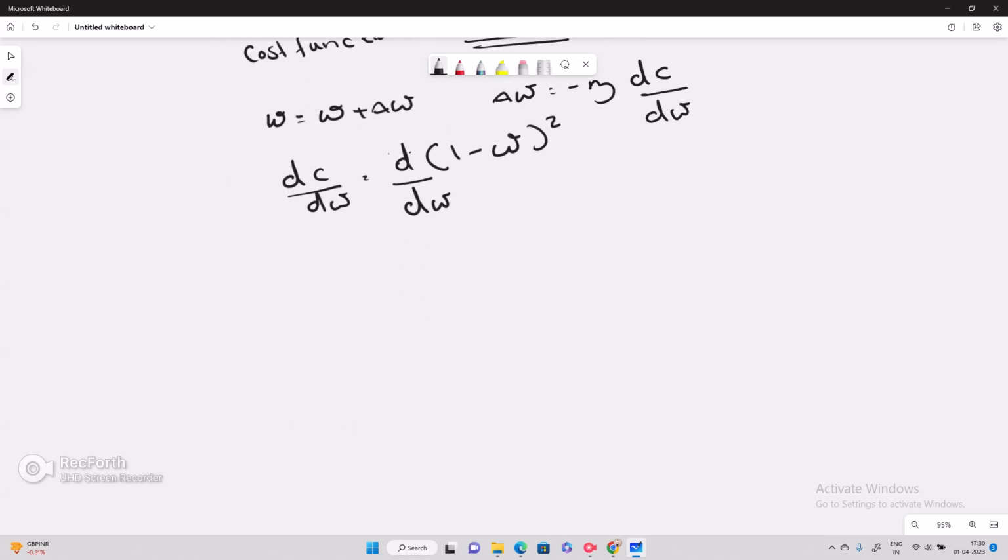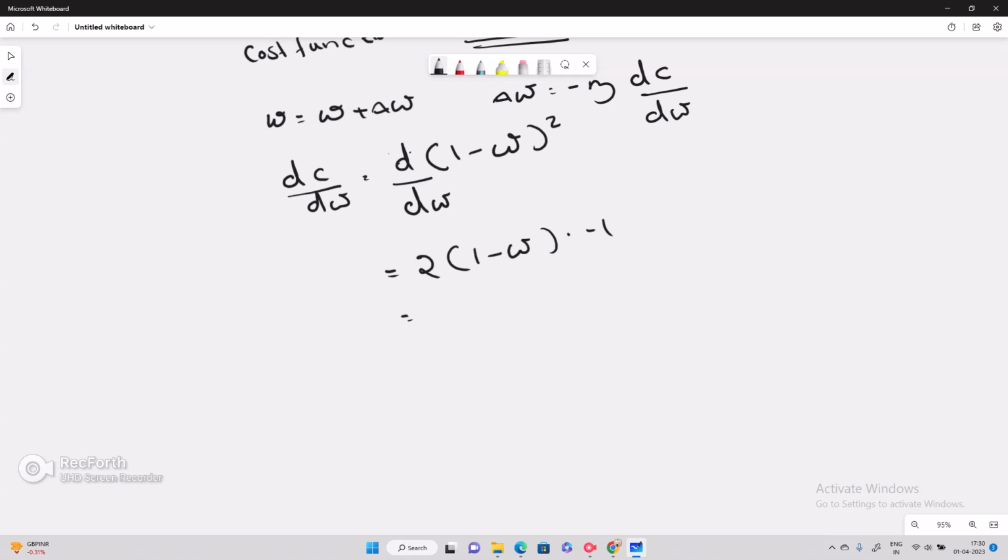Now we can solve this. This will be 2 into 1 minus W, into minus 1.